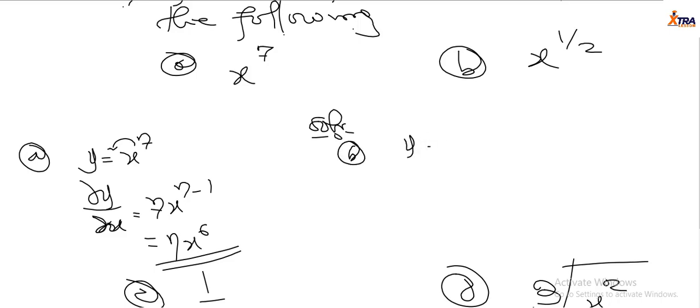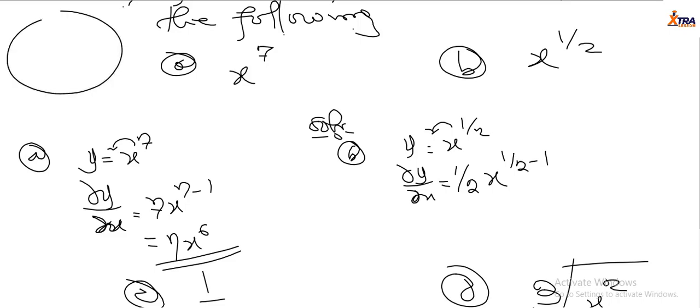So b, we have y equals x to the power half, which is 1 over 2. So dy over dx, the half will come down. We have 1 over 2 x to the power 1 over 2 minus 1. So then we have to simplify the fraction 1 over 2 minus 1. This is over 1.